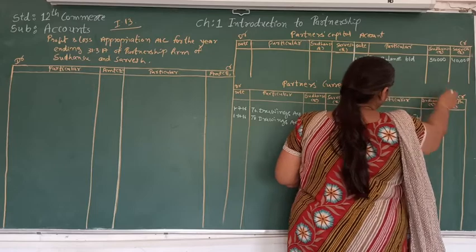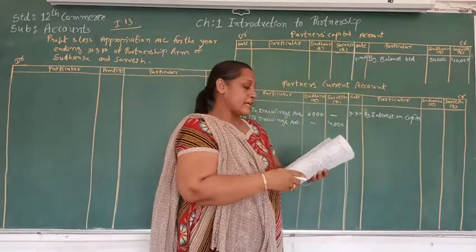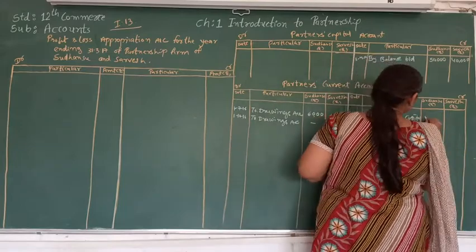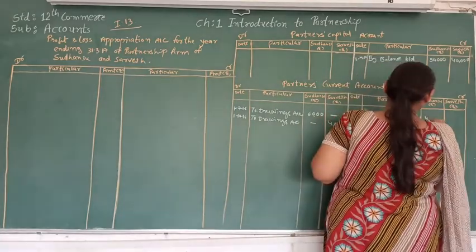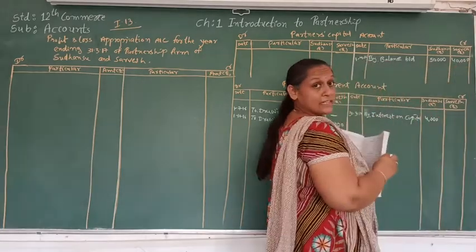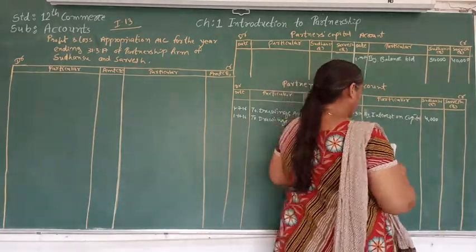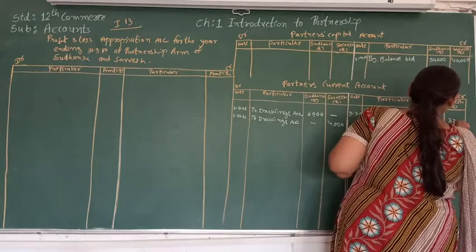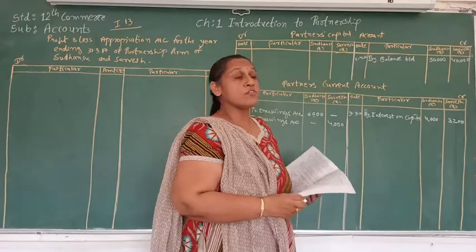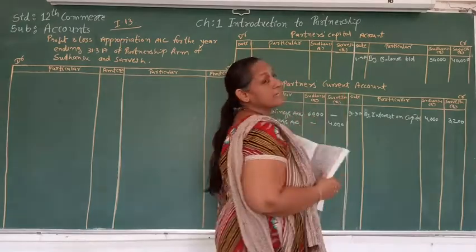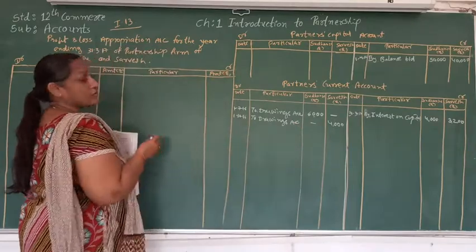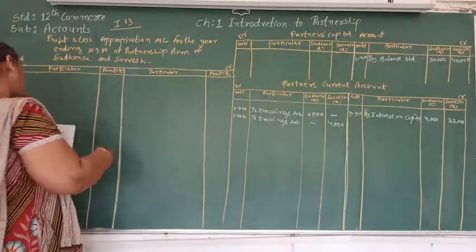That will be 50,000 at the rate of 8%, so that will be 4,000. And 40,000 at the rate of 8%, that will be 3,200. So here interest on capital is supposed to be credited to partner's current account, and that is supposed to be debited to profit and loss appropriation account, as it is an expense for the partnership firm.